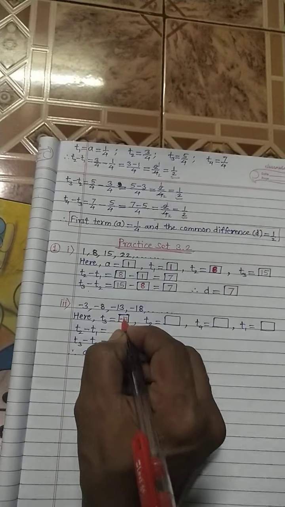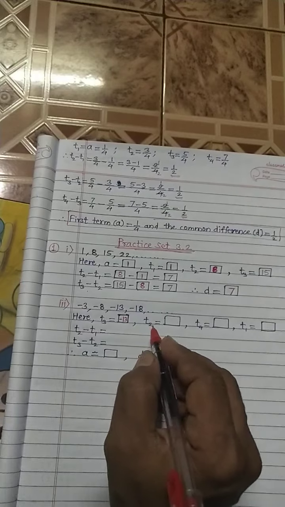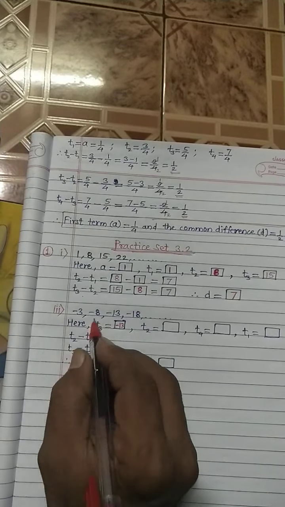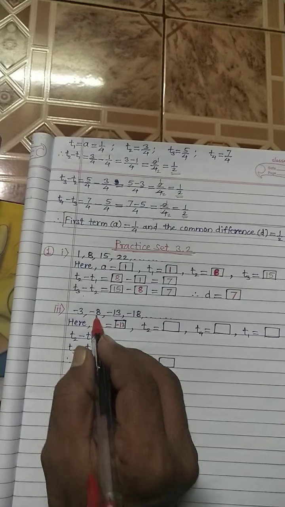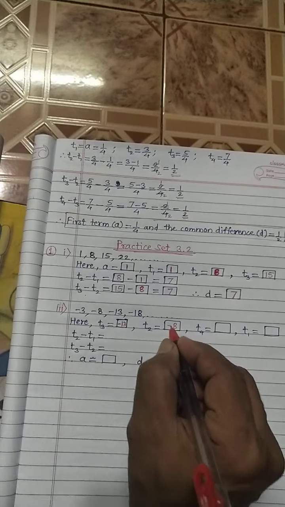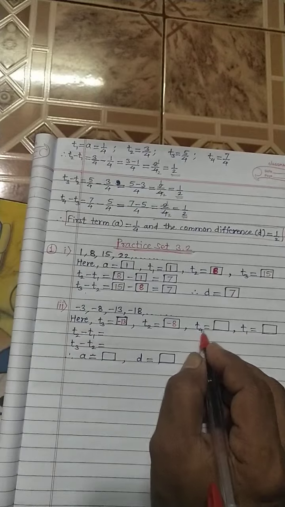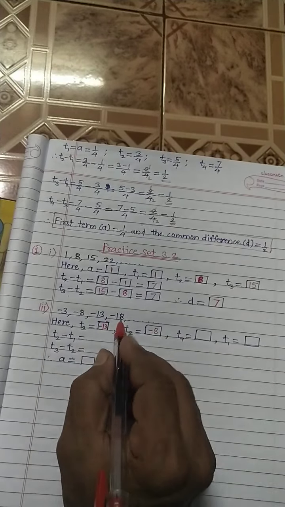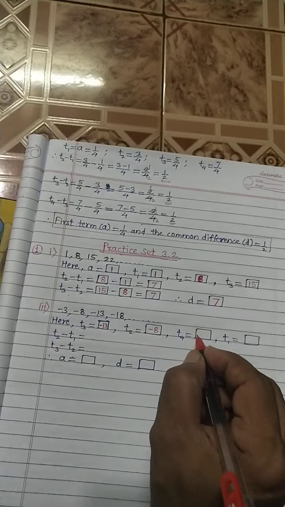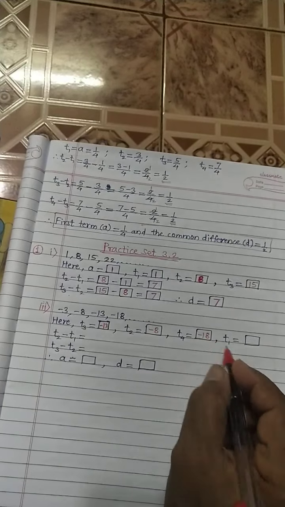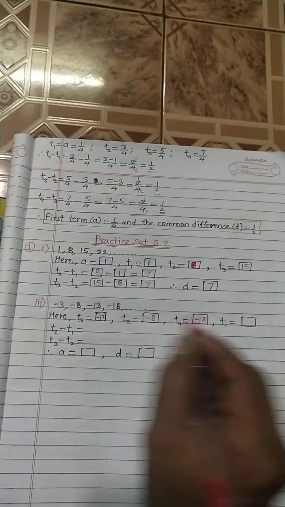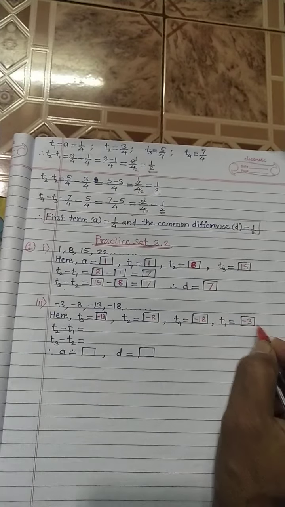T2, the second term of the AP, is minus 8. T4, the fourth term of the AP, 1, 2, 3, 4, is minus 18. And T1, the first term of the AP, is minus 3.